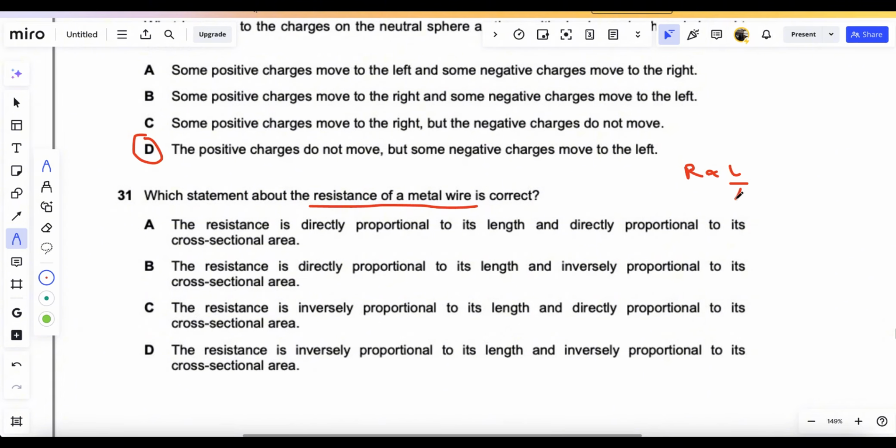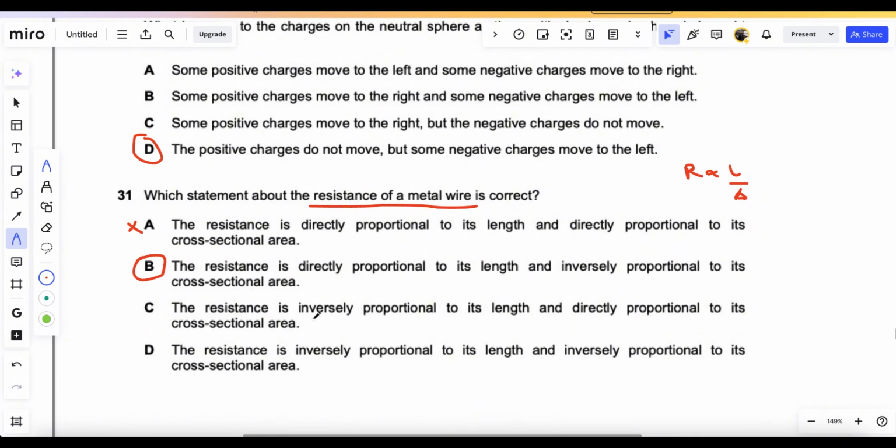You know that, right? If you say the resistance is directly proportional to length and directly proportional to its cross-section, wrong, because area is not direct. Area is inversely proportional. The resistance is directly proportional to the length and inversely proportional to its cross-sectional area. Correct.